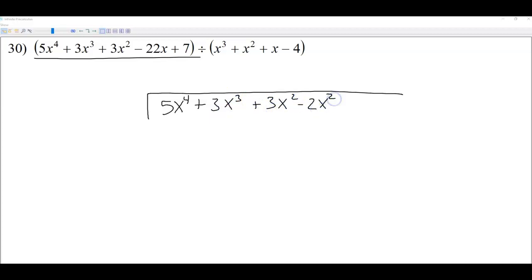After that, we should have a third power. And after that, we should have a second, and so on. We shouldn't be missing any powers. And we have them all there. It goes 4, 3, 2, 1, none. So this one goes on the outside, and the same thing goes for that. You don't want to have any missing powers.